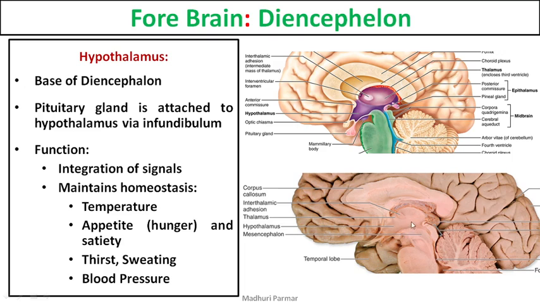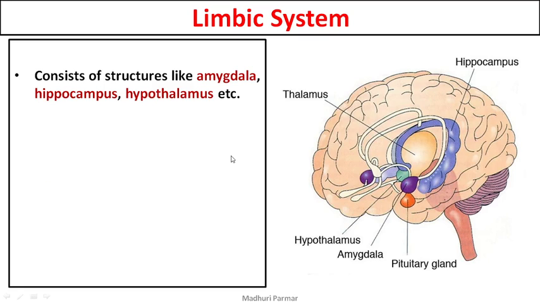This small area here is your hypothalamus. This is the real brain, this is the diagram. So in the real brain also you can see this small region is your hypothalamus. It also has this swollen region which is seen here, known as mammillary bodies. Fine. So this is the structure of your diencephalon.